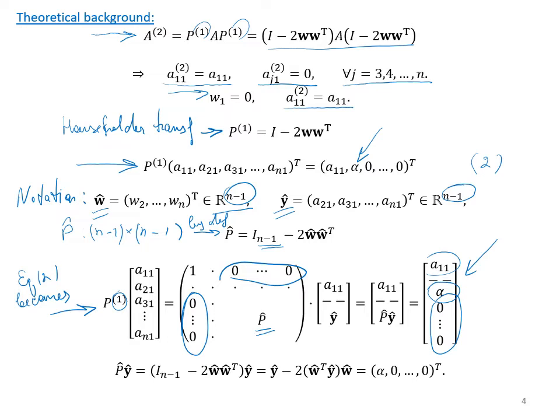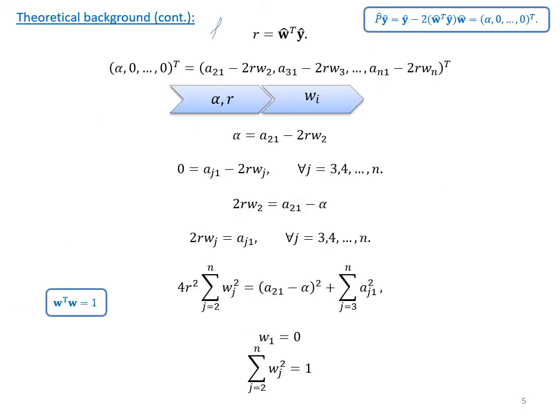If we write more precisely this product P hat Y hat, it's just clarification of how to get this final answer. Let's introduce a new variable R, which is equal to the product of transposed vector W hat and vector Y hat.